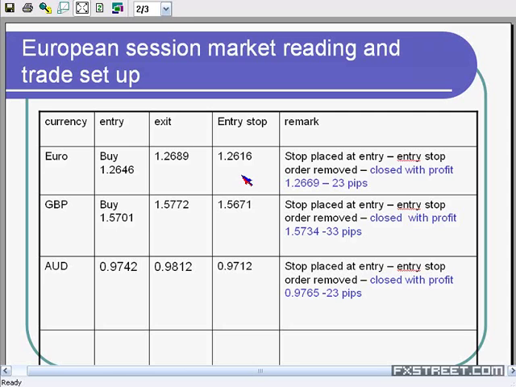Now you find that if it had been stopped out, suppose I attended some other work and came back, without booking profit I would have been stopped out, and currently euro is trading around 1.2627. In fact, they have not breached 2615 from the start of the US session from 13:30 GMT, and still at 14 GMT they have not breached it.